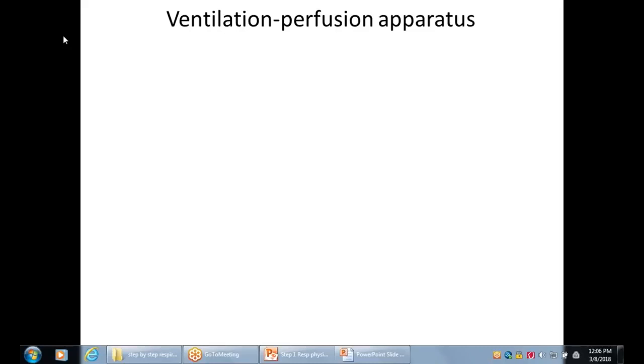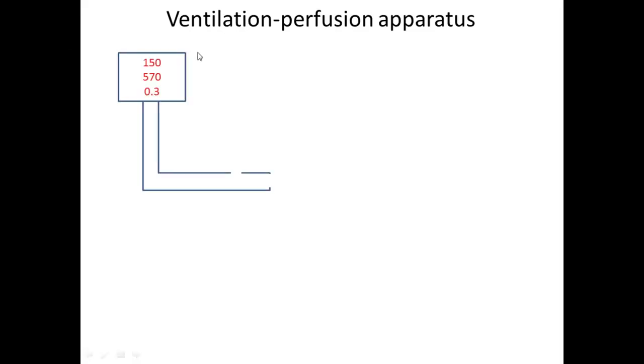So simply, when you inhale room air, which is about 150 millimeter mercury of oxygen and 570 of nitrogen, and about 0.3 millimeter mercury of carbon dioxide, this air will be mixed in the dead space, and when reaching the alveoli, the partial pressure of oxygen will drop from 150 to 100, which is the alveolar partial pressure of oxygen.